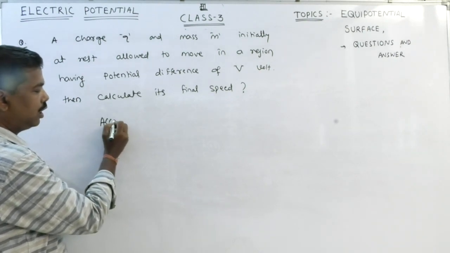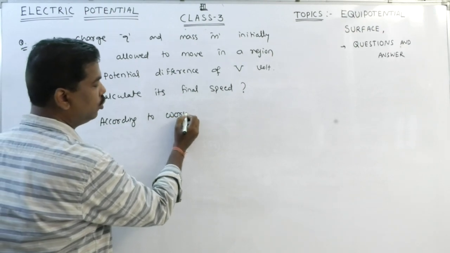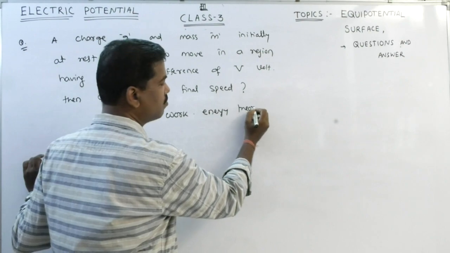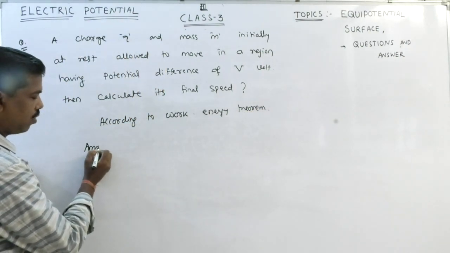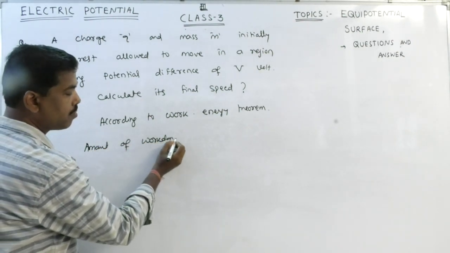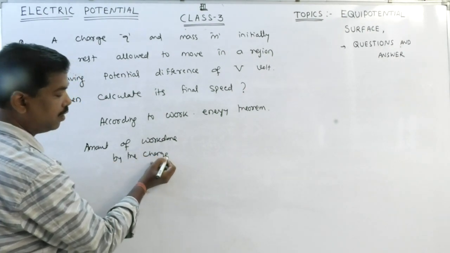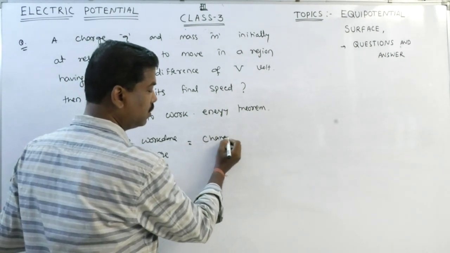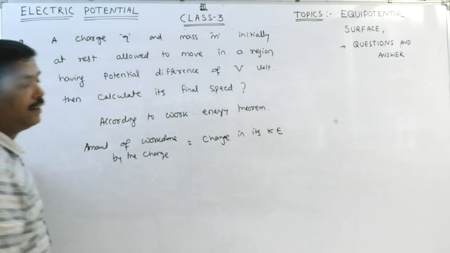According to the work energy theorem, the amount of work done by the charge is equal to the change in its kinetic energy.